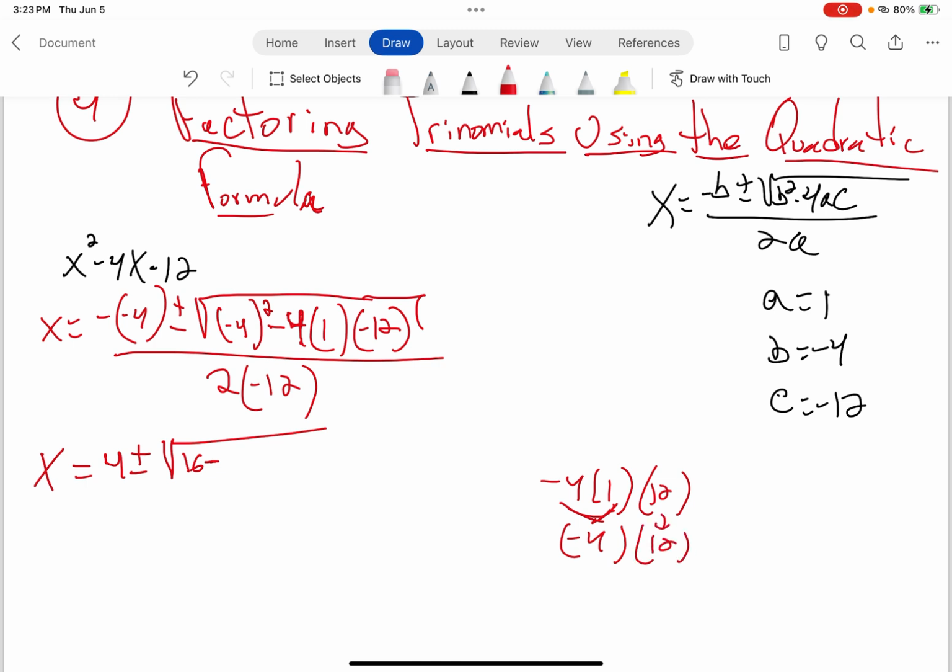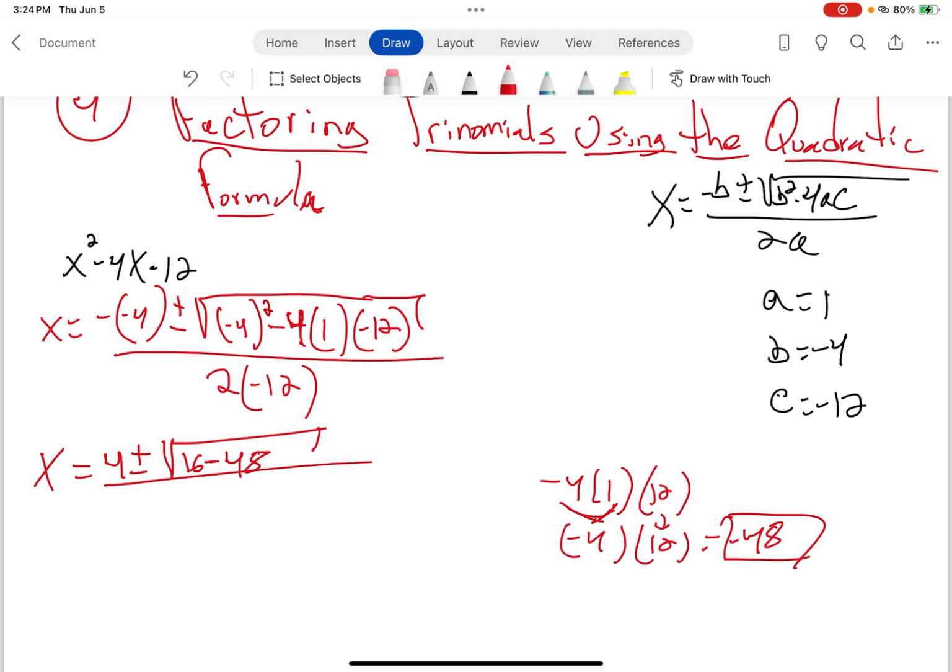Minus and positive will be minus, and then 4 times 12 is 48, minus 48. So minus 48 is here. Close parenthesis, close the square root, and then divided by 2 times minus 12.